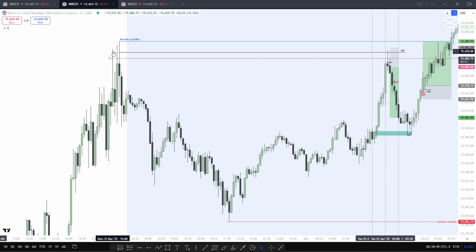Same logic I applied when we were reaching for this high. Once we went very close to purging it, I was expecting that there will be a level of retracement, a deeper retracement, because there is no relative equal highs here. Can we just go on and purge this high? Yeah, we can, of course. That can happen.